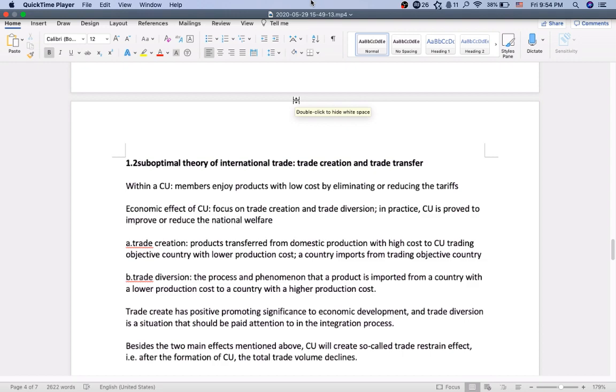However, this trade transfer or diversion means the process and the phenomenon that a product is imported from the country with a lower cost to a country with a higher production cost.